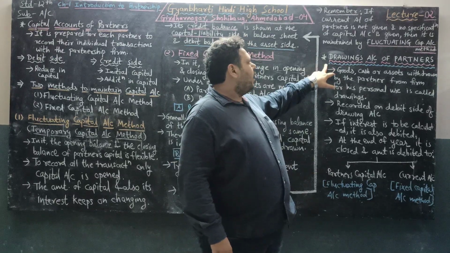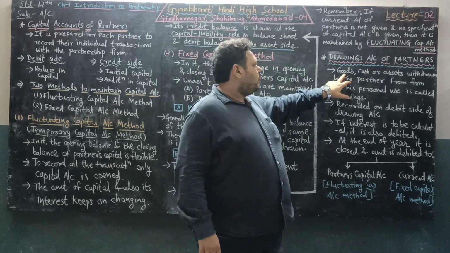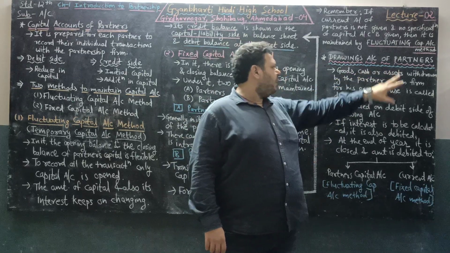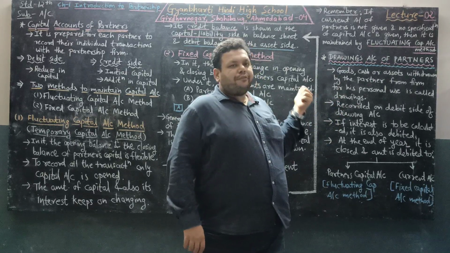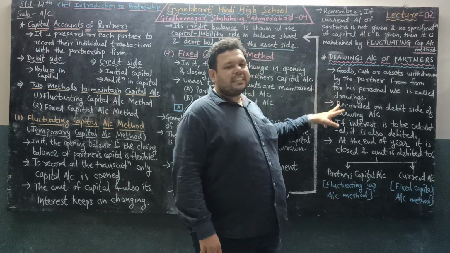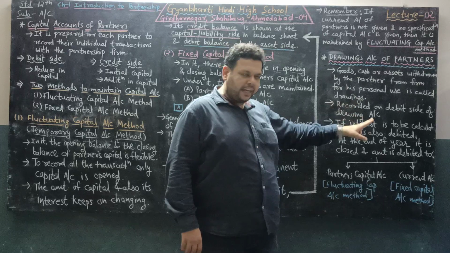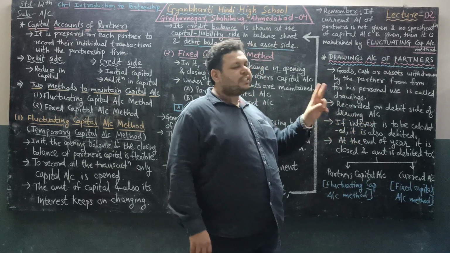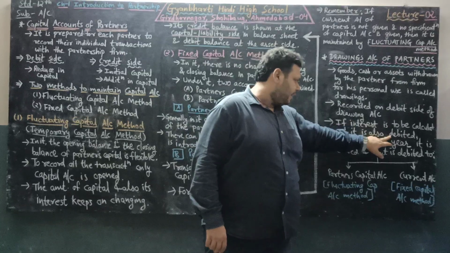Next is the drawings account of partners. We know that goods, cash or assets withdrawn by the partner for personal use from the firm are known as drawings. All the transactions for drawings will be recorded on the debit side of the drawings account, and if interest is to be calculated on the drawings, that will also be debited.